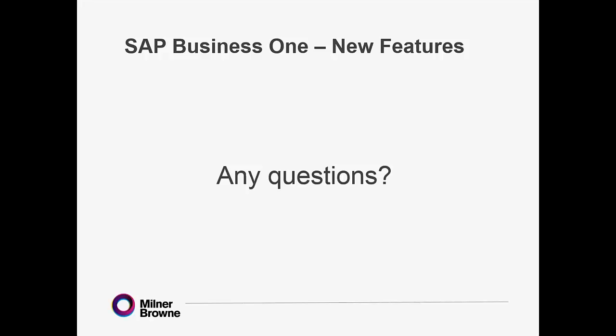We might not be able to answer all the questions on the call, but if we are unsure about anything, or need to reference the official documentation, we'll get back to you offline once the call is finished. If you do have any questions about any of the functionality you saw in the presentation, please send those through now.